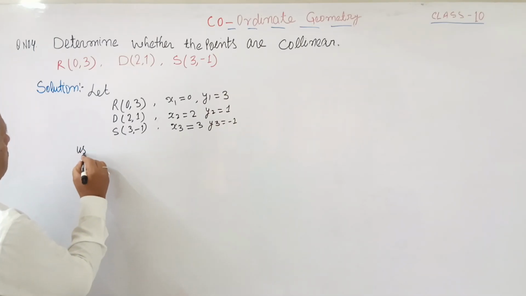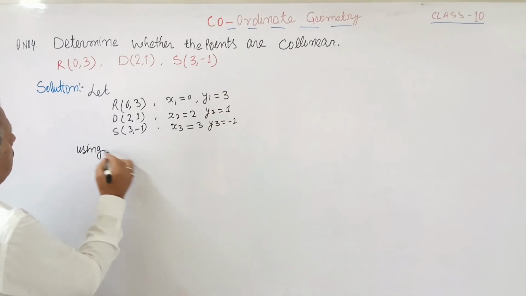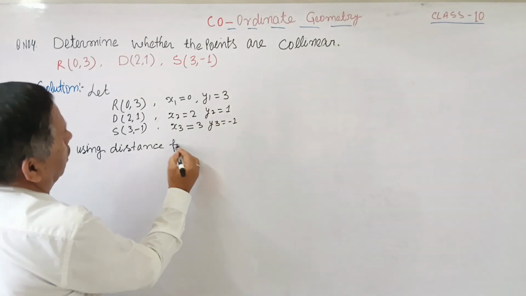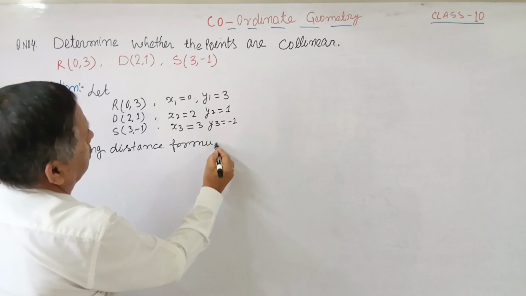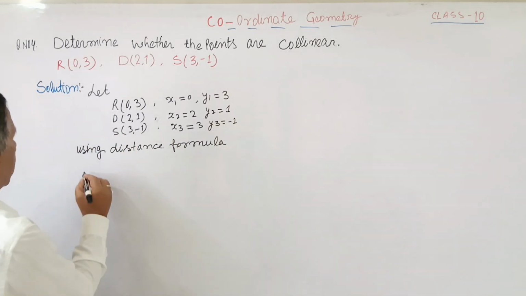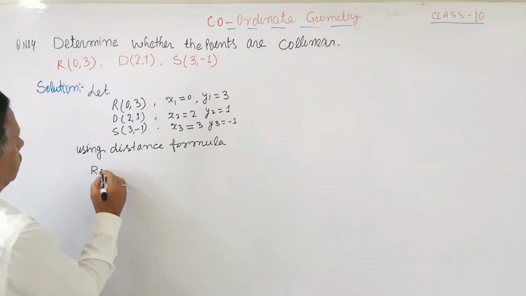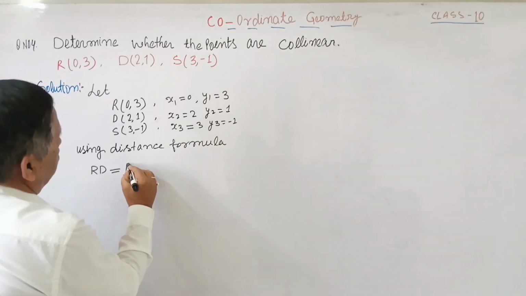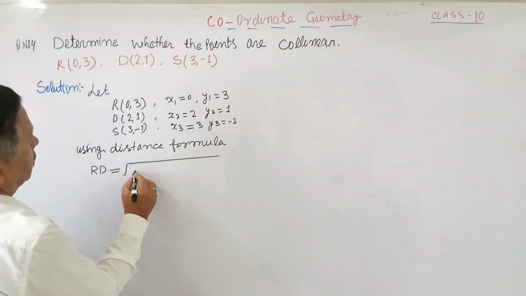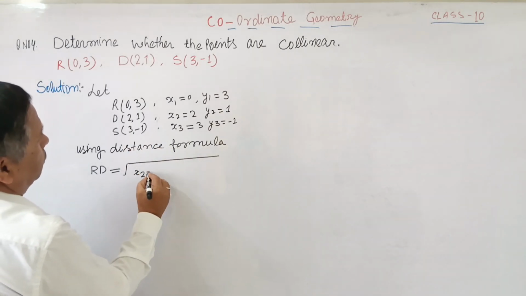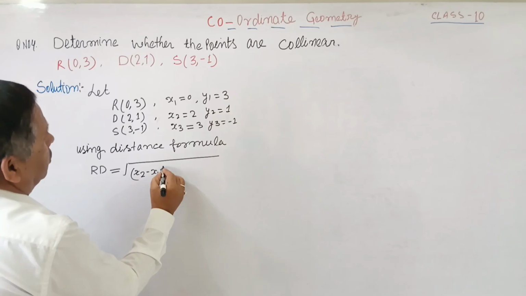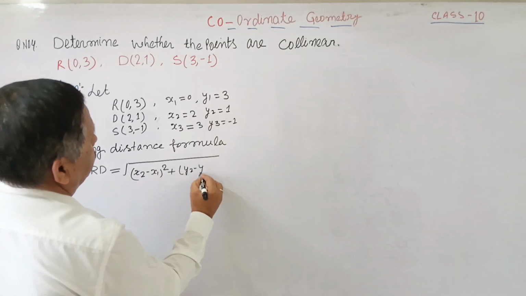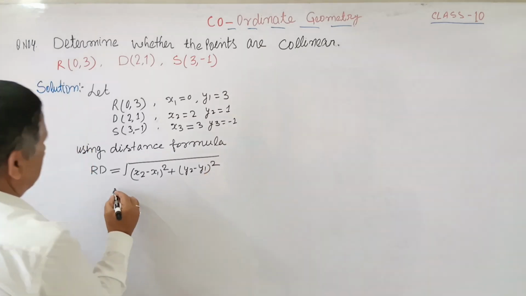So using the distance formula, points RD equals under root (x2 minus x1) whole square plus (y2 minus y1) whole square.